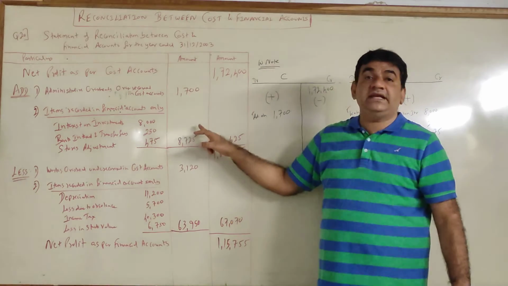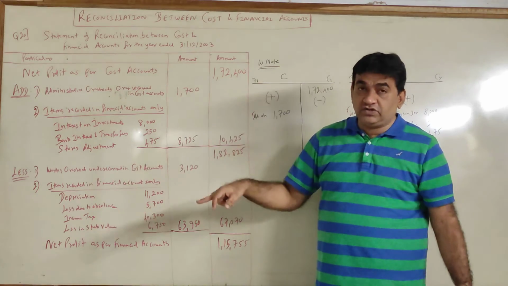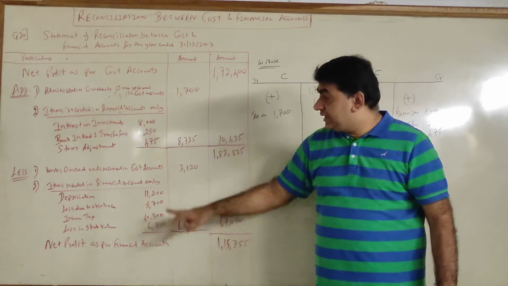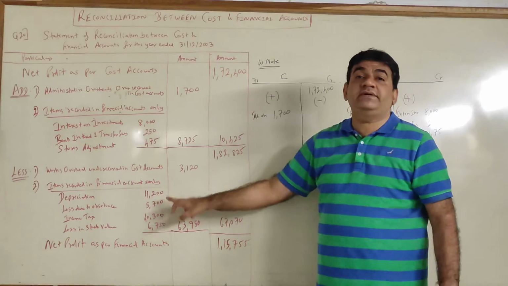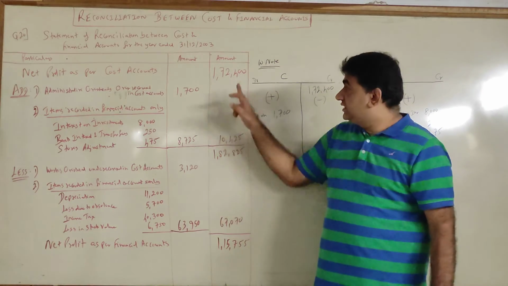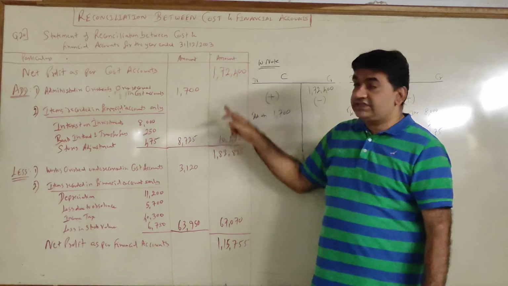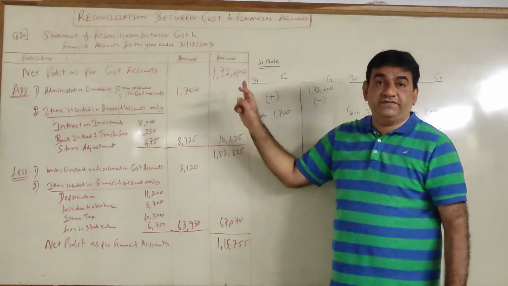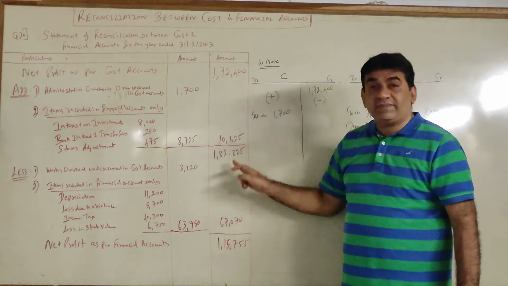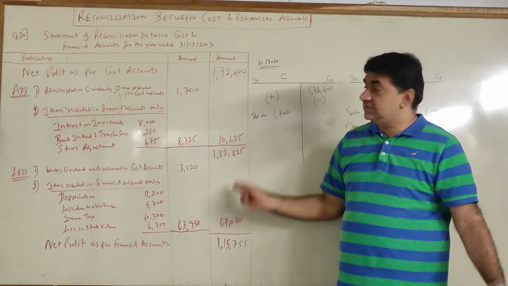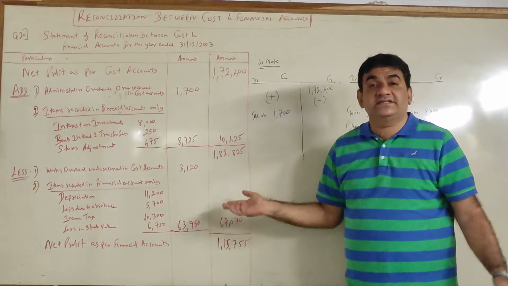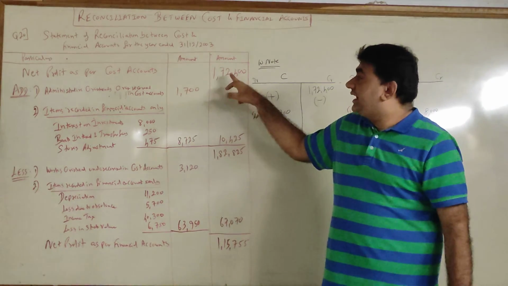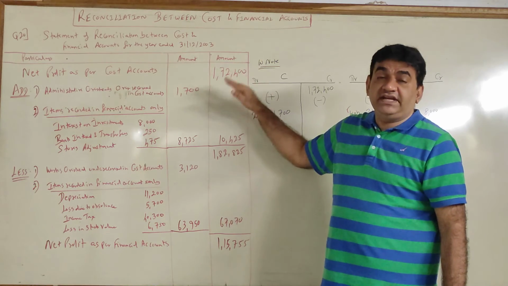These items were credited to financial accounts but not in cost. Works overhead was high in cost accounts, and these expenses were debited only in financial accounts. So two profits, the difference of that, and this is the reason for difference. If you add and subtract, automatically it is equal to the difference, and this is the reason for that. Other way around. Net profit as per cost account was 172,400.